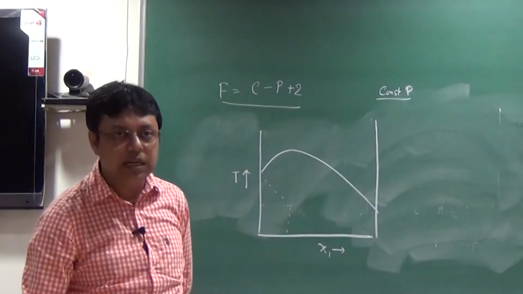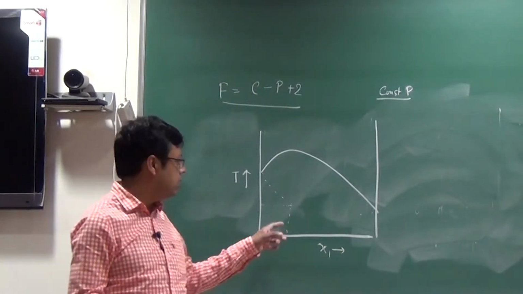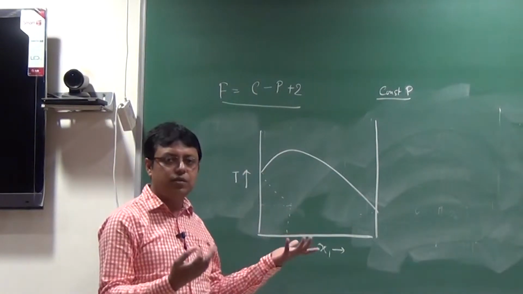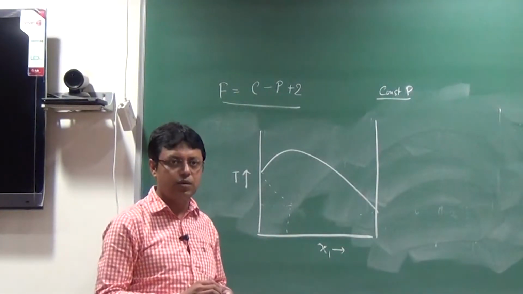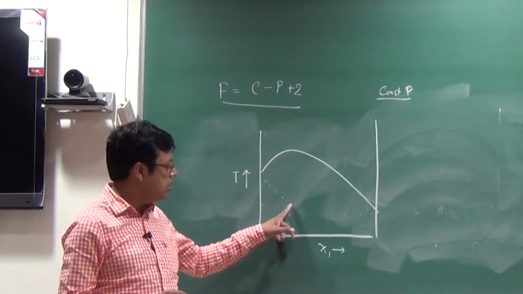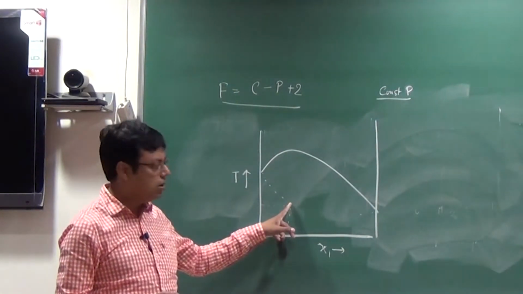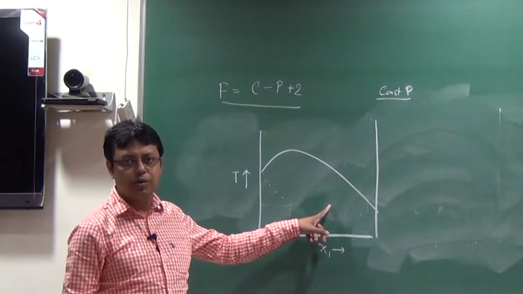But if there is any attraction, just think of a very simple thing: take water and something else which is miscible in water. Suppose there is no interaction, and I'm increasing the temperature. At this point the water molecule is leaving the other component.